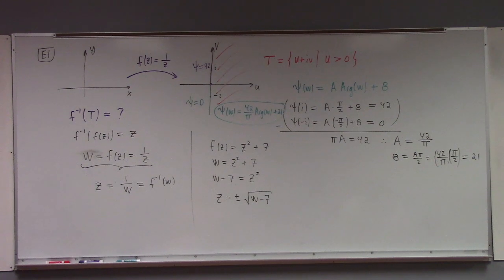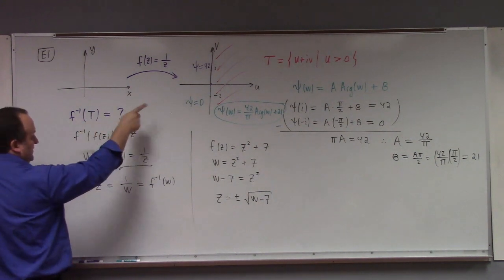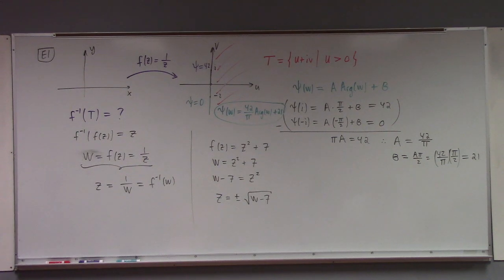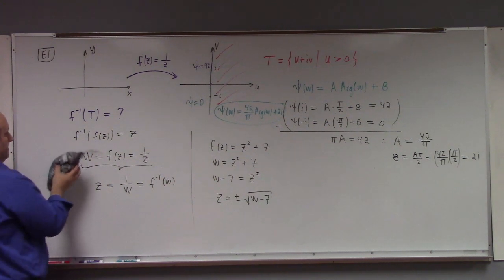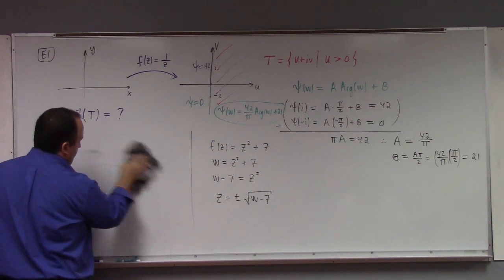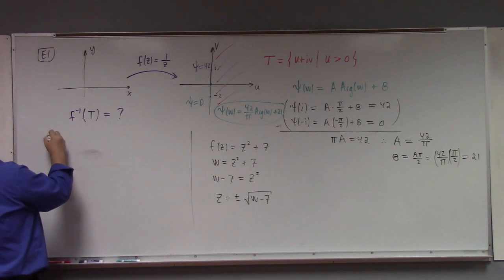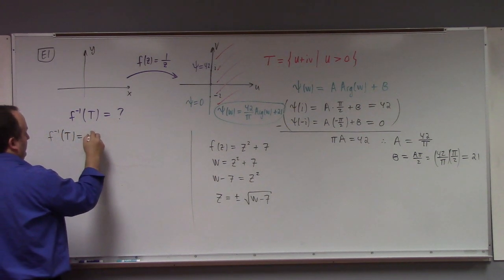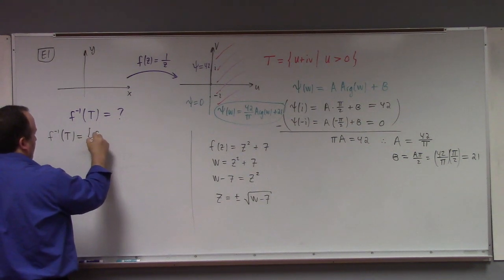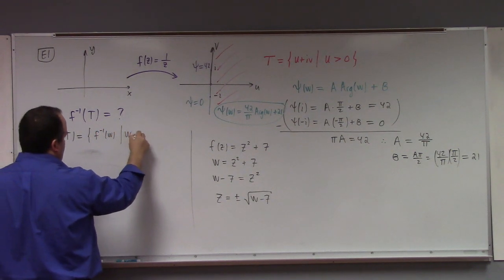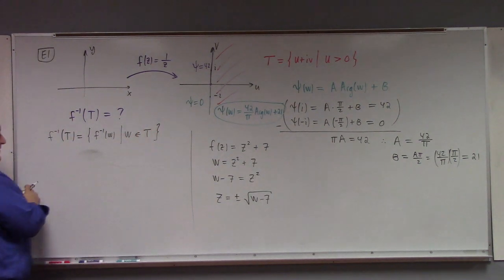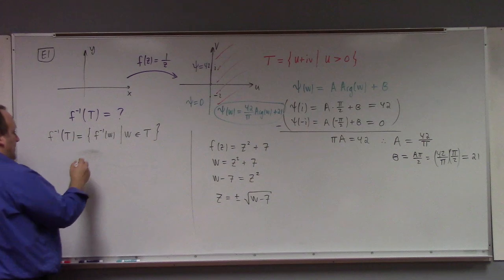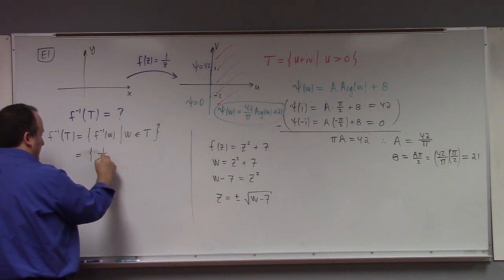All right, so back to my question. What's the inverse image of that half plane? How do you figure it out? We're trying to figure out what f inverse of t is, which we can literally look at as f inverse of w such that w is in t, because the inverse map exists here, which would be 1 over w, right?